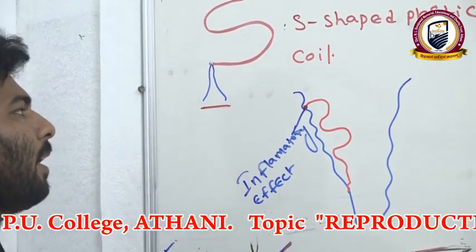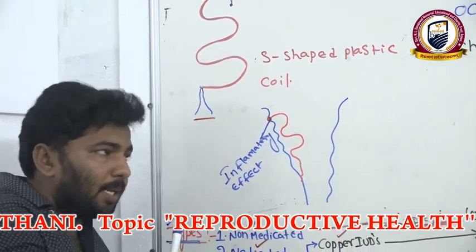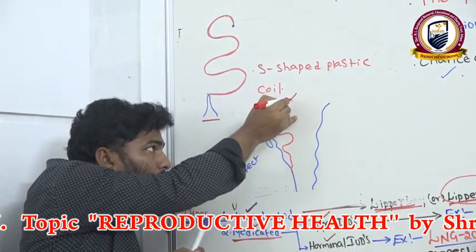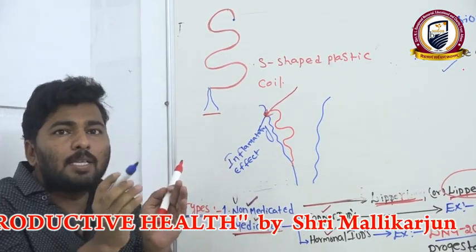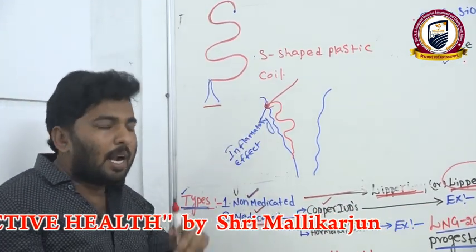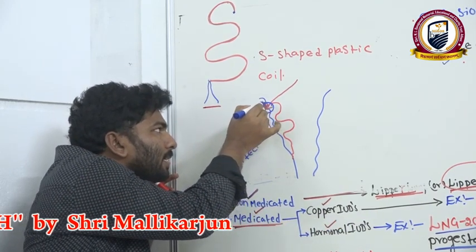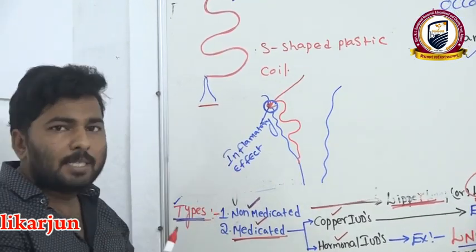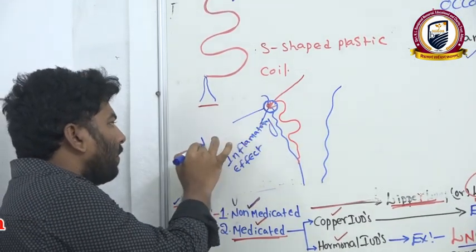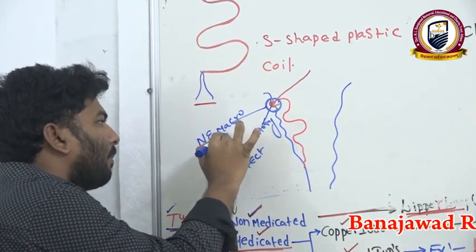Due to this inflammatory effect, what happens? Wherever the injury takes place, from the blood the white blood cells reach this place, and finally there is an accumulation of white blood cells in this area, mainly neutrophils and macrophages.